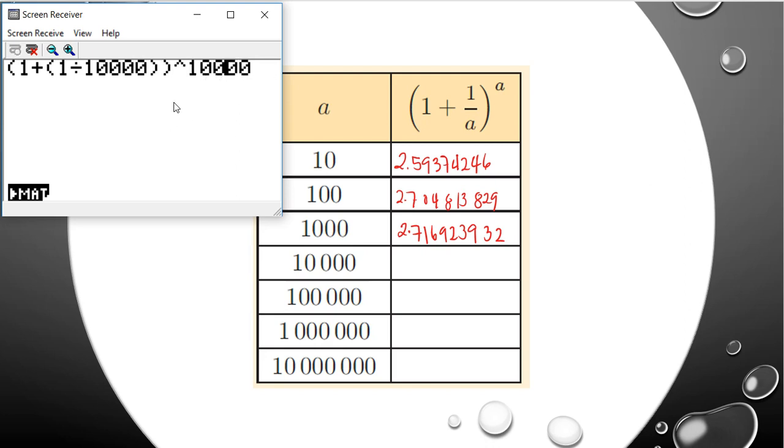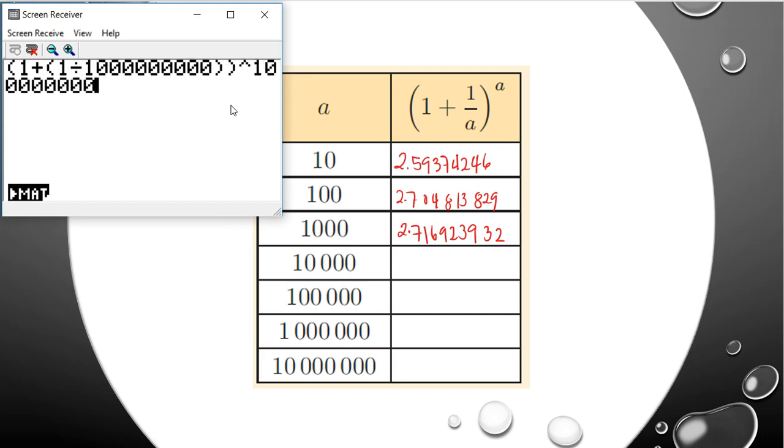If it's 100,000, I am not going to write it anymore. It's 2.718, and then if we have 1 million, 10 million, then it is 2.7182863.